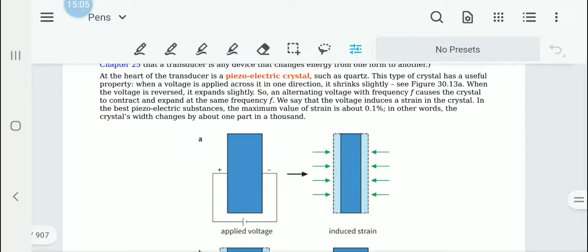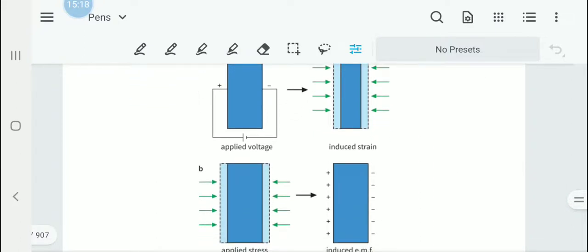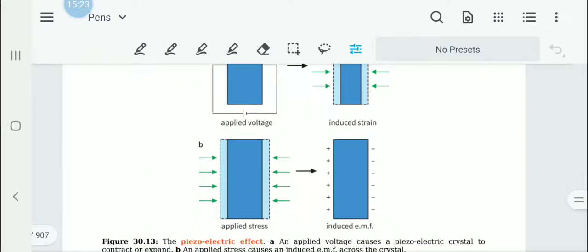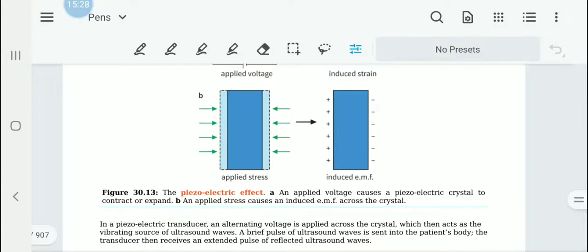In a good piezoelectric substance, the strain would be about 0.1%. That means its width would change by about 1 part in 1,000. So when you apply voltage in one direction, it induces a strain, then applies a stress. This mechanism is known as the piezoelectric effect. This is not something that you need to go into detail of, but you will have to understand how it is caused.